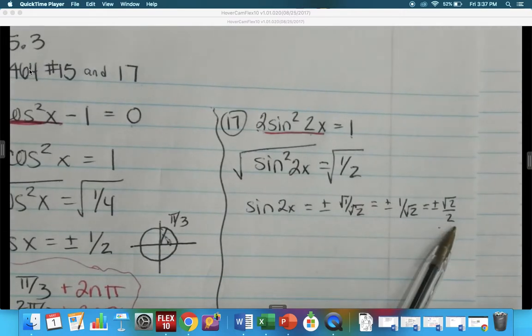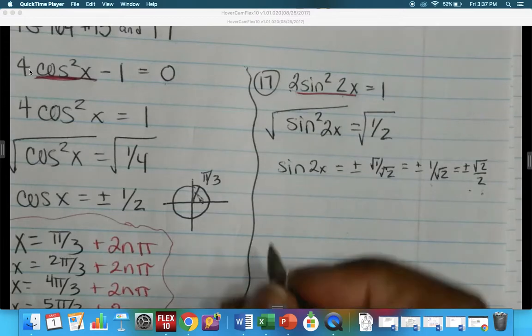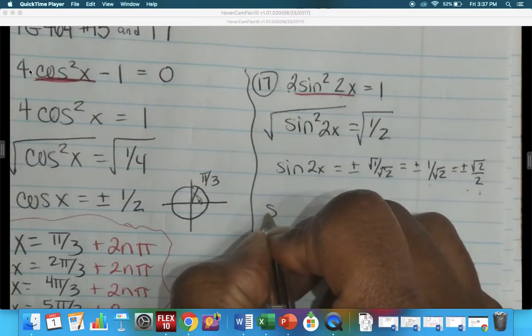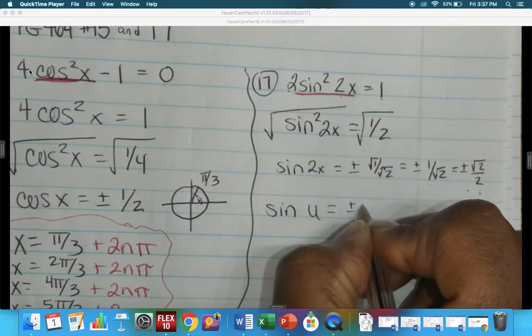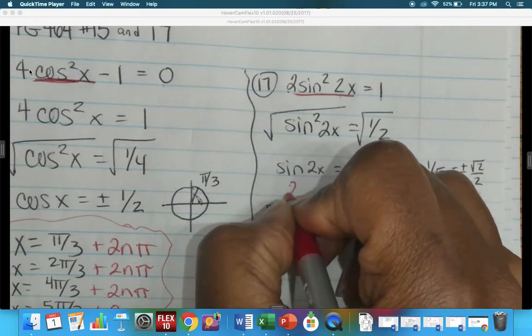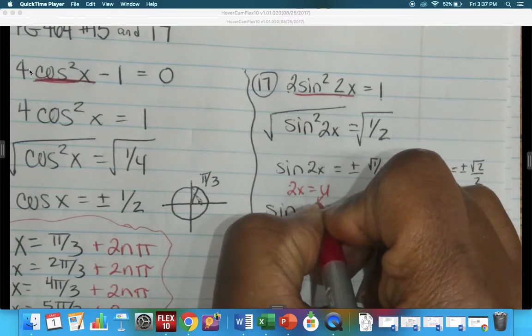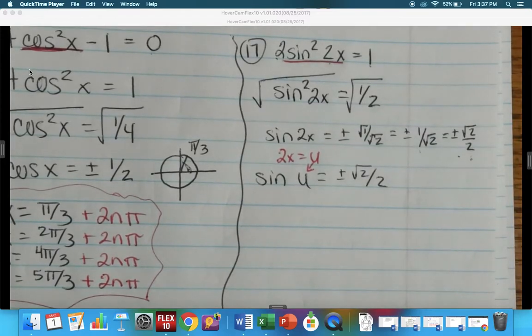So we're really looking for, when is sine u equal to square root of 2 over 2. And I'm letting my 2x equal u, just so that I can make it a little easier. It's not necessary, but we'll do it here.